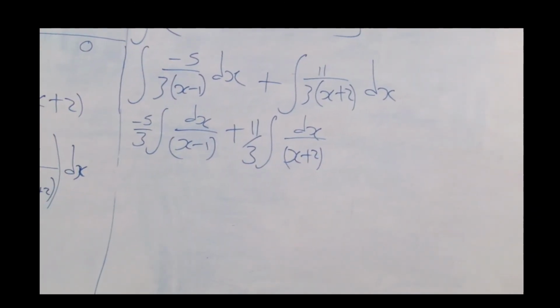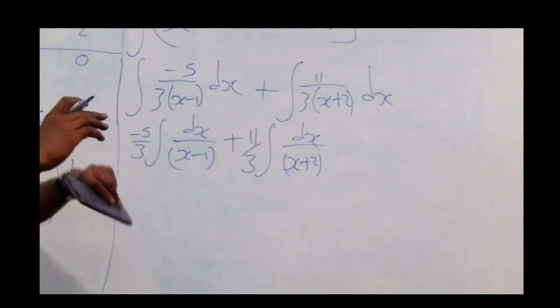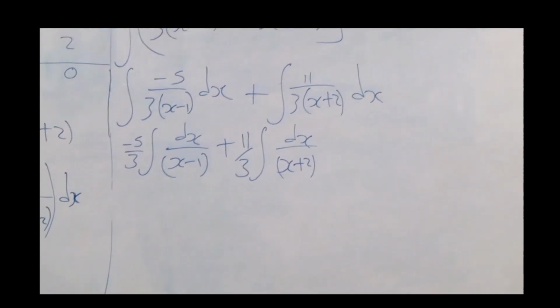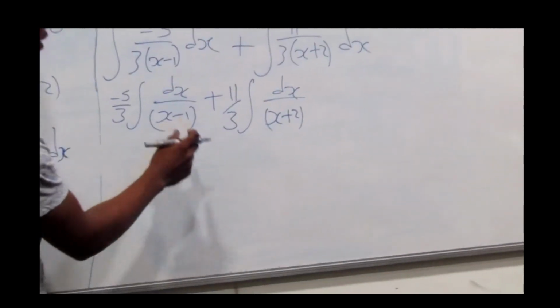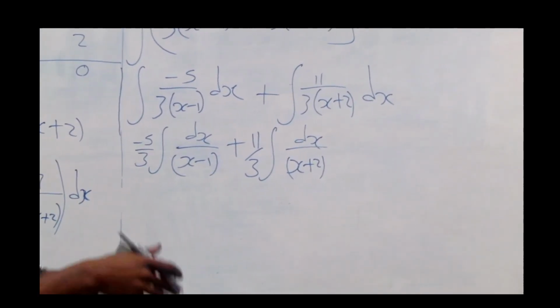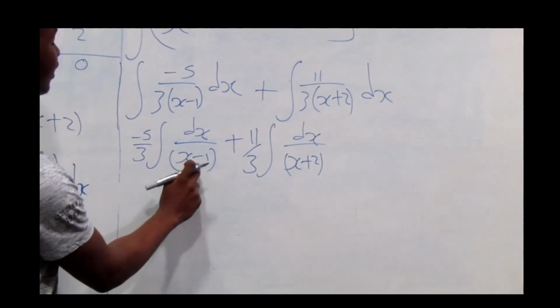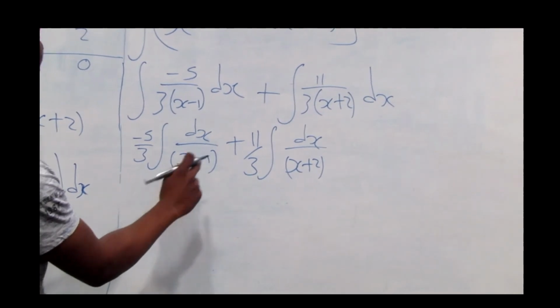When simplifying, you integrate the function, then multiply by the coefficients of the function. Our function is x minus 1, then we integrate it.